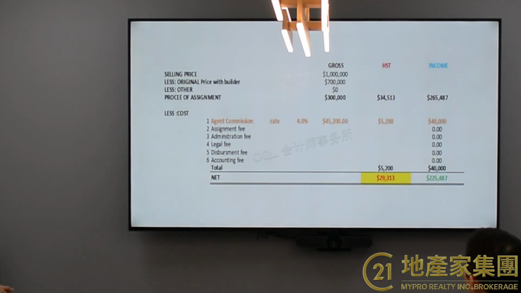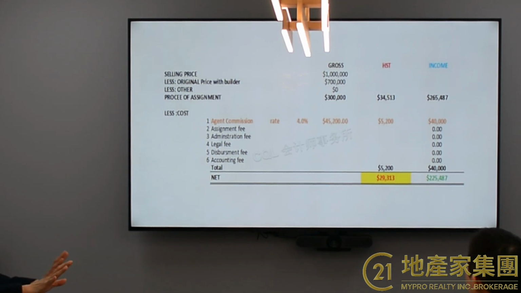So how are we going to calculate the HST? We take the 300K and divide it by 113. We separate this 300K into parts of 113: a part of 100 and a part of 13.